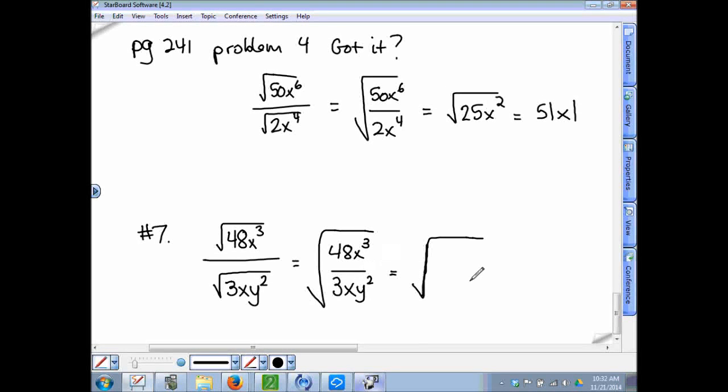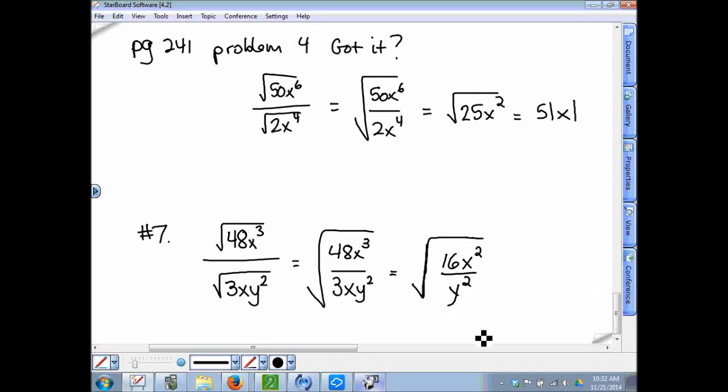What's 48 divided by 3? Okay, so we know we're going to have a 16 floating around in there somewhere. So I'm going to put it right here. x to the 3rd, but then we have an x down here. The x is second. That's an x to the 2nd. But then the y squared, it's just going to say y squared, but where is the y squared?